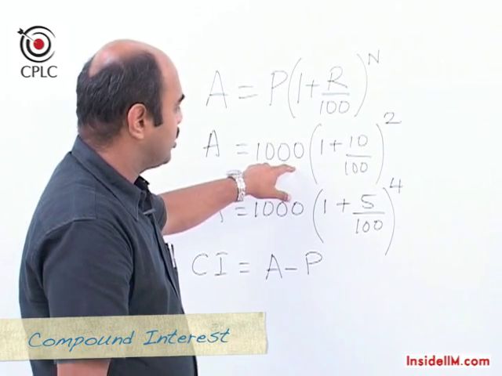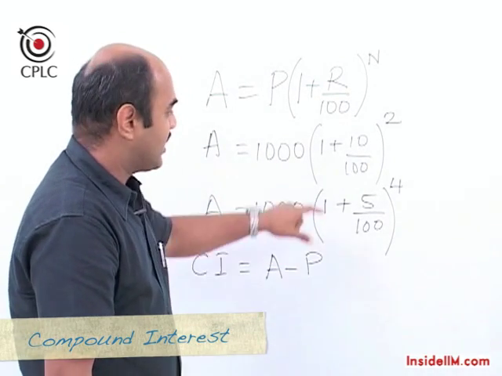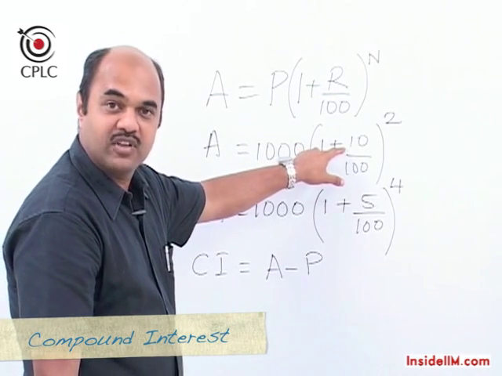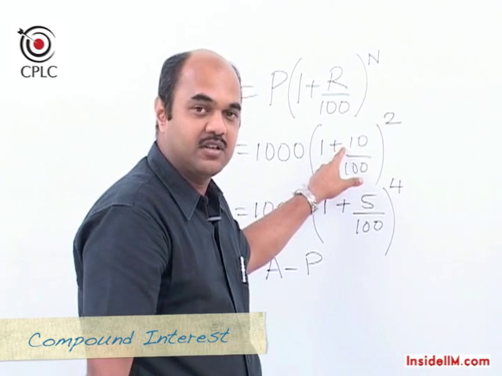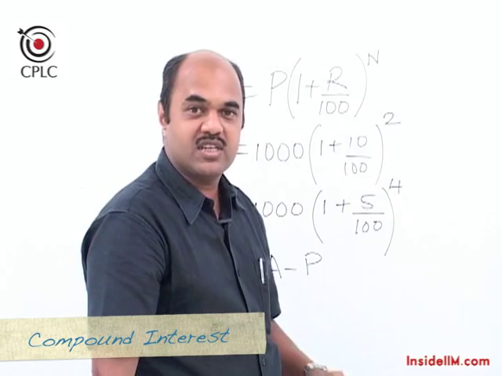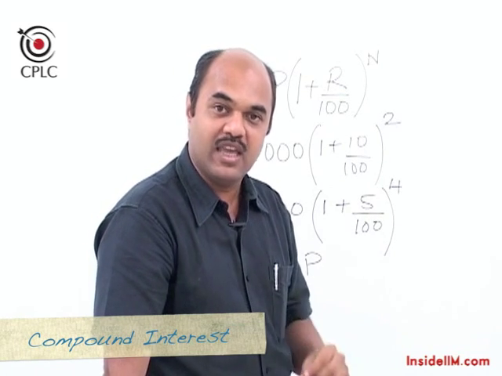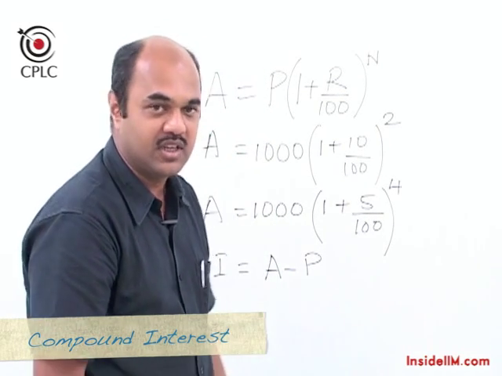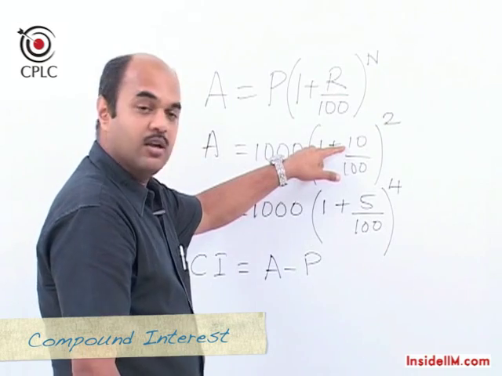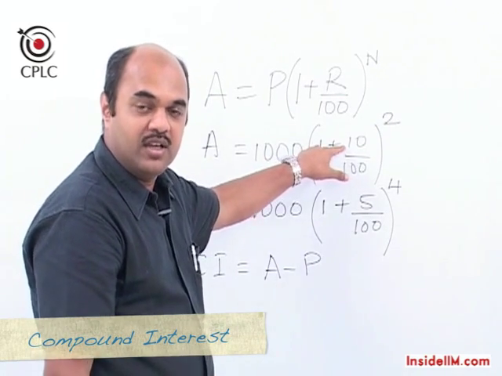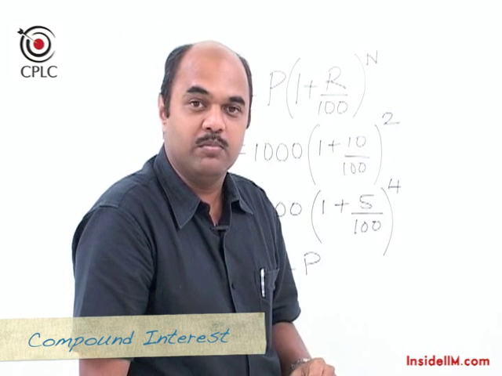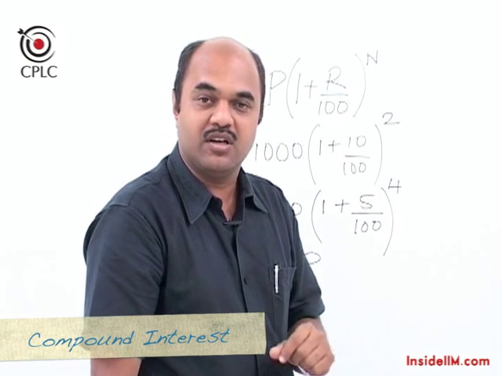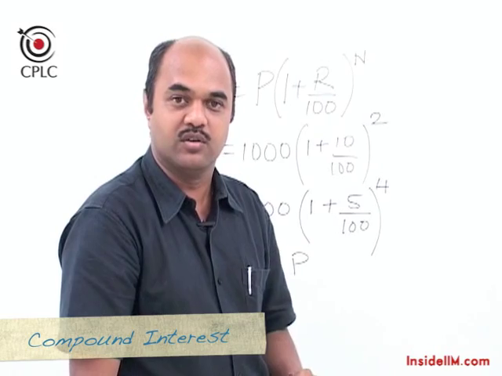So what we can do here is, we can say there are 2 successive changes of 10%, and if we make use of our successive percentage change formula, which was A plus B plus AB upon 100 as a percentage, we would get 10 plus 10 plus 1, and hence this kind of a compounding phenomenon would mean a 21% increase over a 2-year interval.